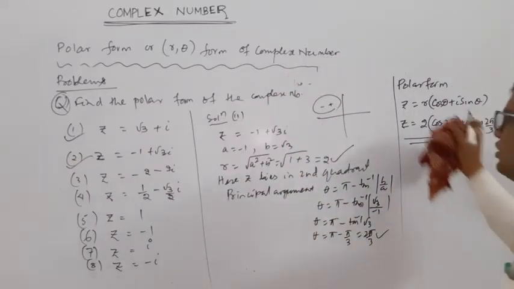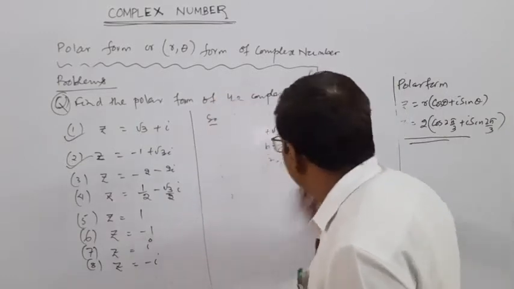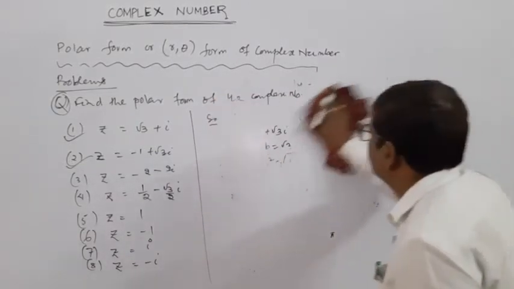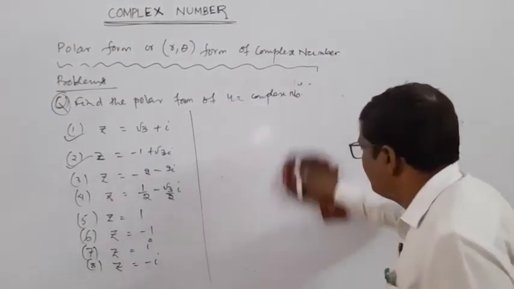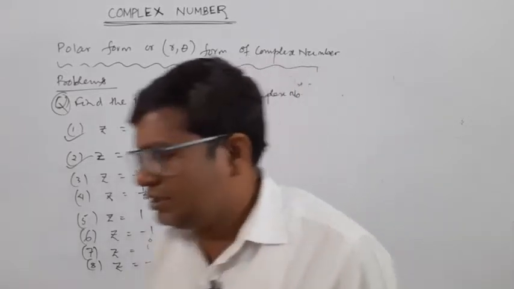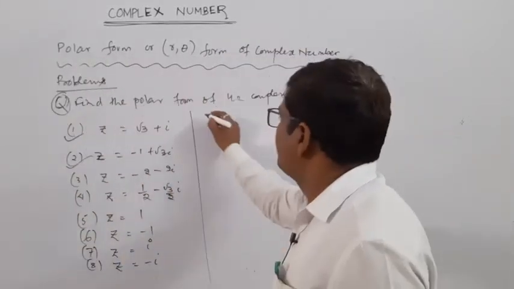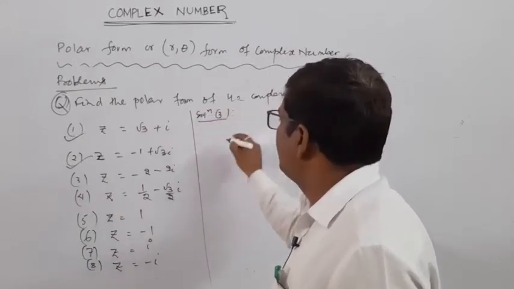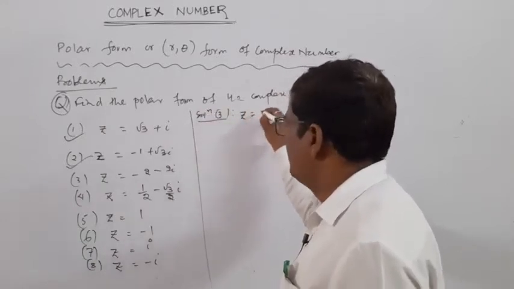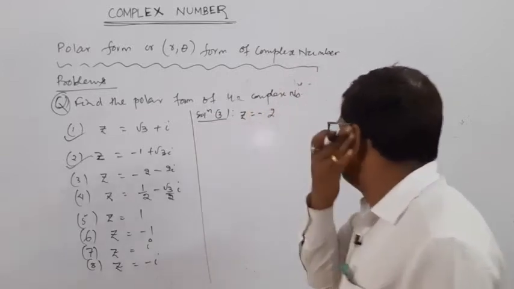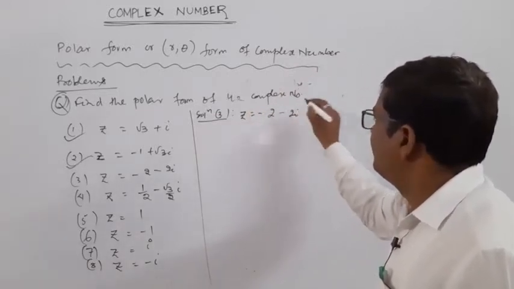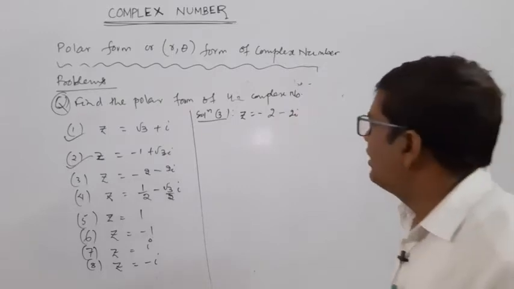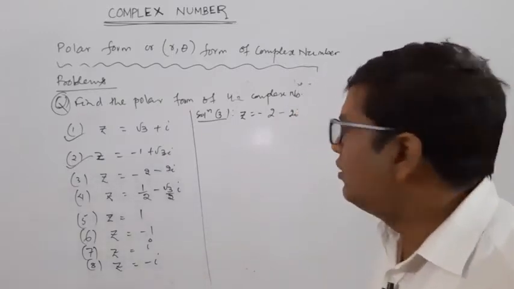Now the solution of question number 3. Z is equal to minus 2 minus 2i. Now what is the value of r?